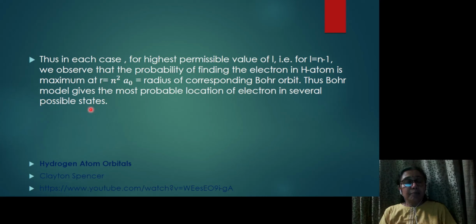For example, when the electron is in the n equal to 2 level, there are possibilities of finding it in the 2s and in the 2p level. But if it is in the 2p level, then the maximum is observed at 4a0. So that is the most probable location by using quantum mechanics, and it is in agreement with the prediction of the Bohr model. So these two theories are giving similar results.